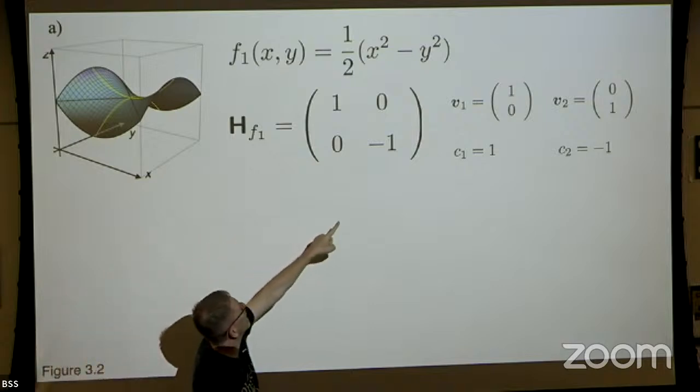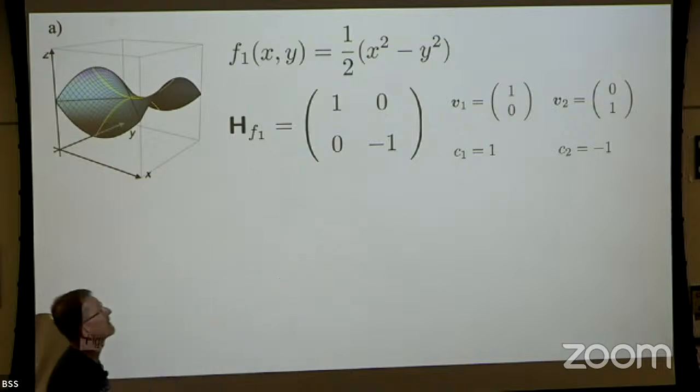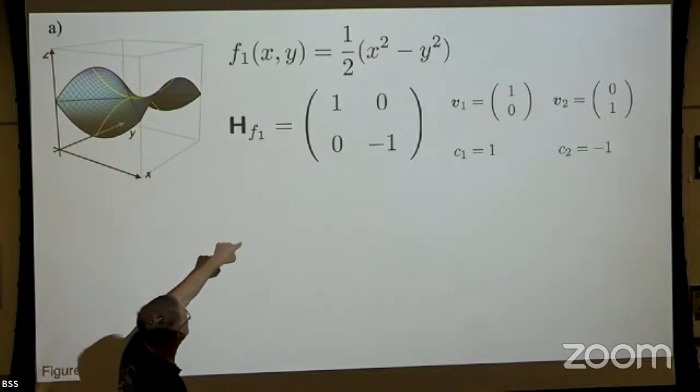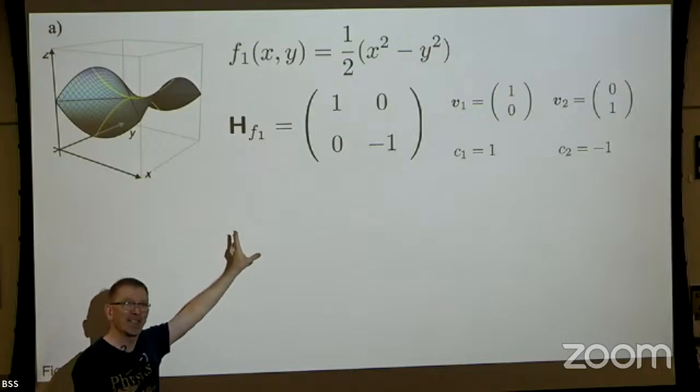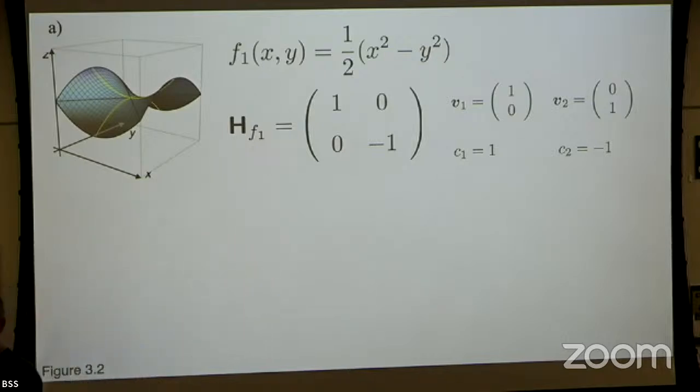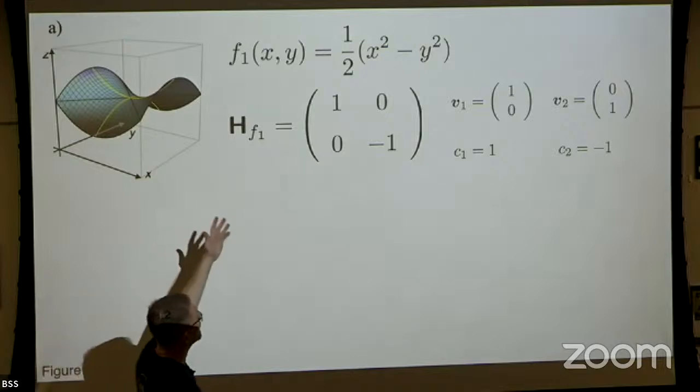I get a -1 at the y term. And since if I differentiate it by x and then by y, I get 0, the off diagonals are 0. So this is actually not just a symmetric matrix. It's already diagonal, which means the x direction and the y direction are principal directions. And the associated eigenvalues are 1 and -1.